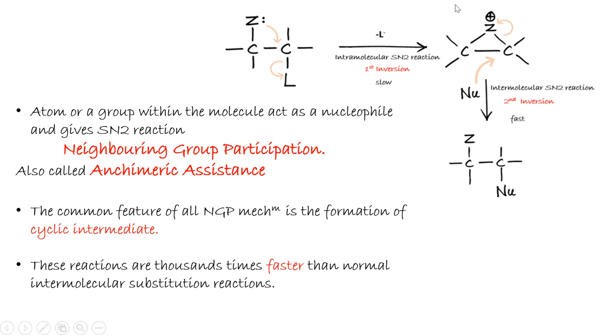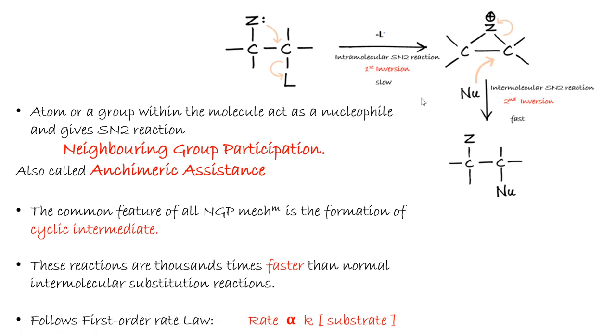In an SN2 reaction, the attacking nucleophile is important, and as this attacking nucleophile is present within the molecule, it can easily attack the carbon and the leaving group is easily eliminated. Because of that, these reactions are thousands of times faster than normal intermolecular substitution reactions.